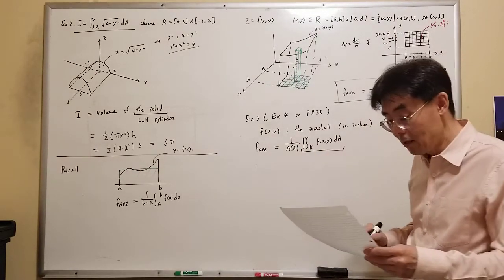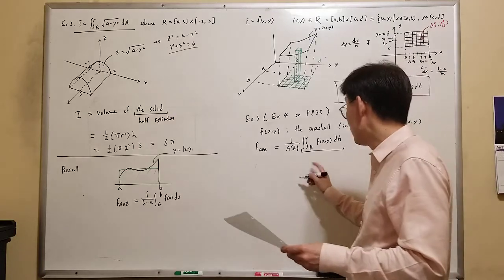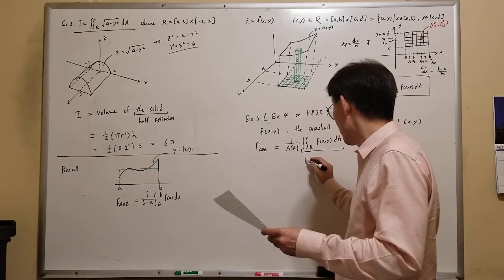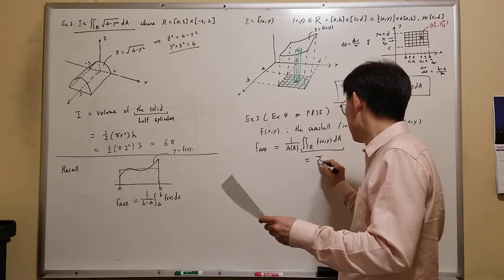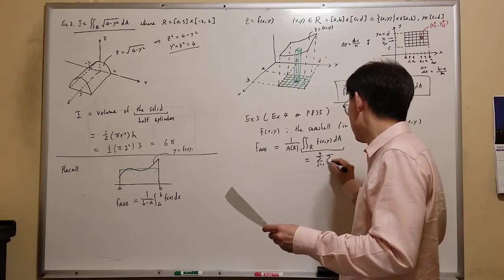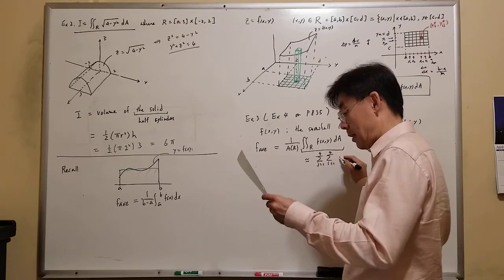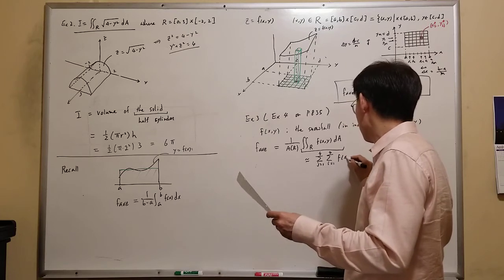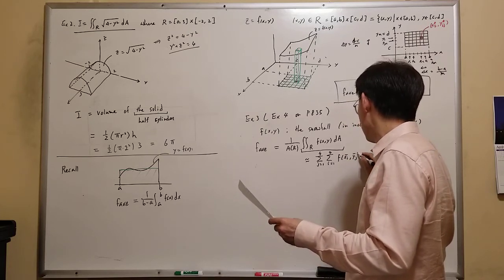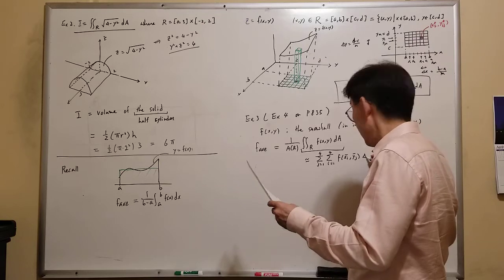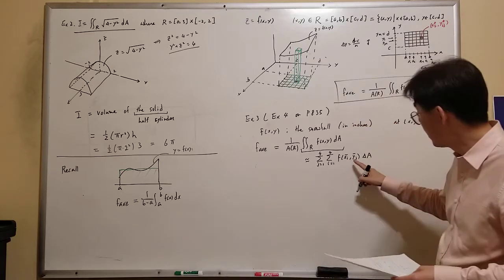Here in this case, we decided to use the sum over i from 1 to 4, j from 1 to 4, f of xi bar, yj bar, delta A. So this is the midpoint rule.